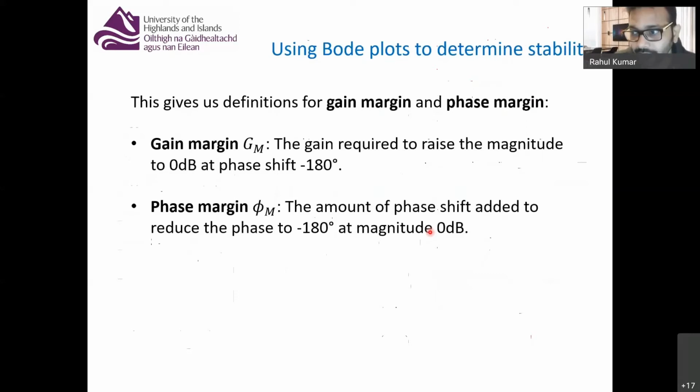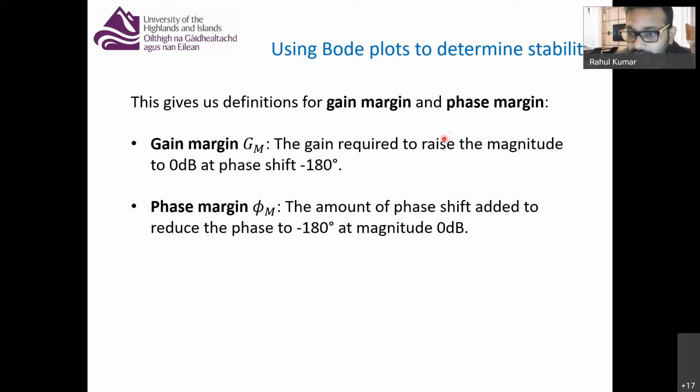So the next thing that we have to consider is how to find gain margin and phase margin from the Bode plot. Okay. Now the gain margin is represented by capital GM, right? Basically this gain margin and phase margin give us an estimate of how far we are from the stable condition, right?